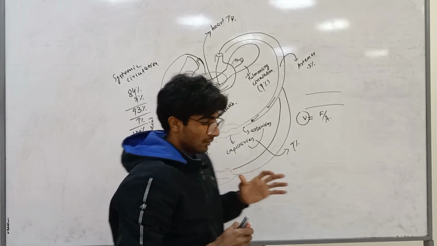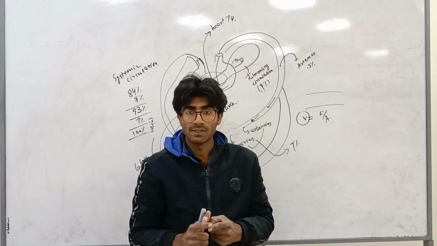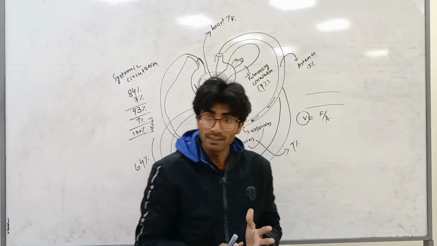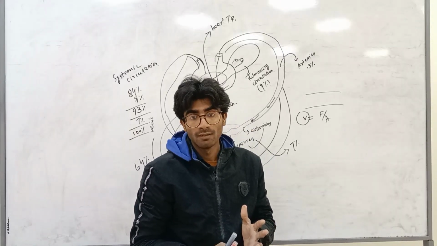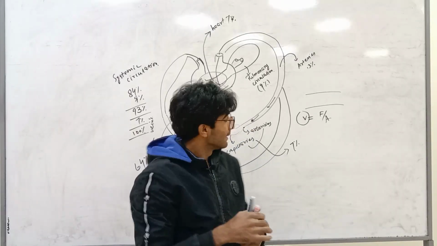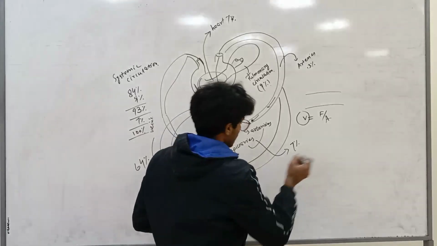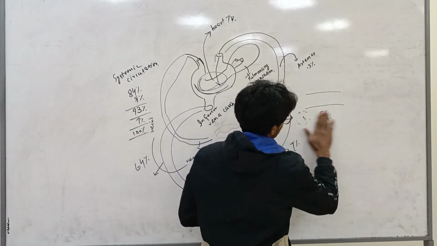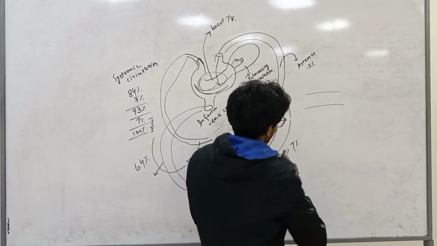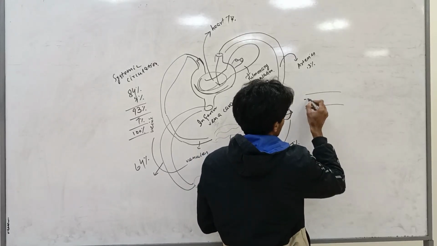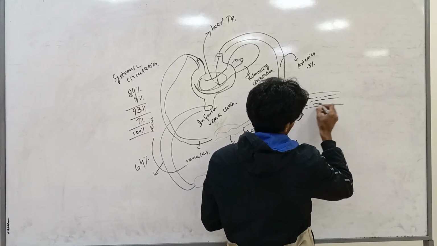So now another point I want to explain to you: what is the relationship of blood pressure, blood flow, and resistance? Look at this diagram. This diagram shows the blood circulation in a blood vessel.